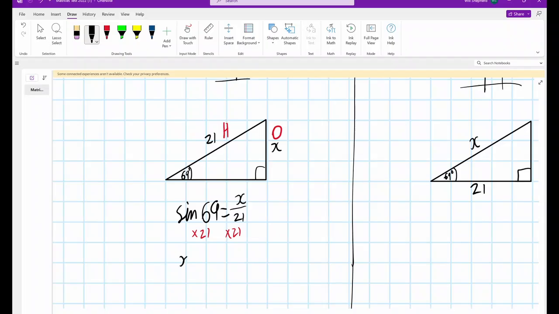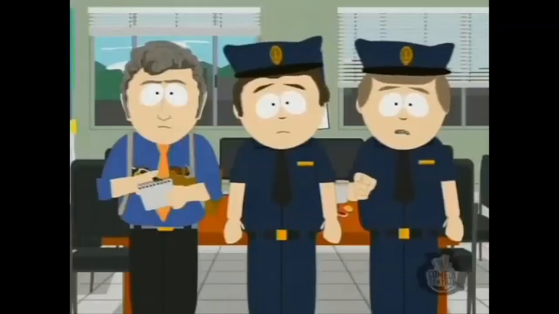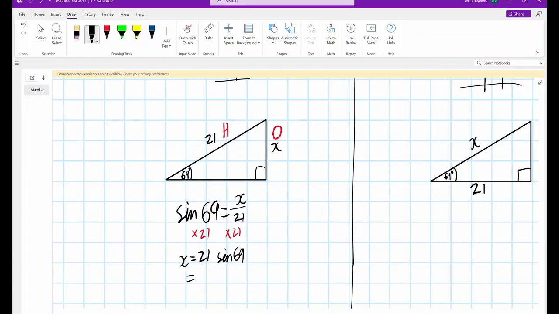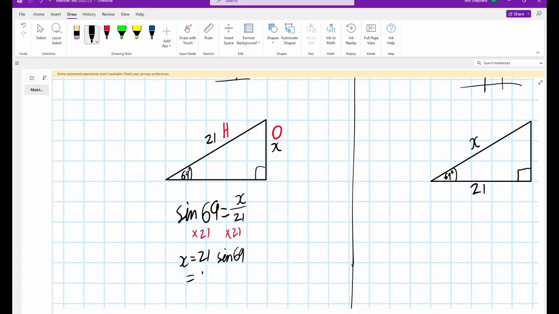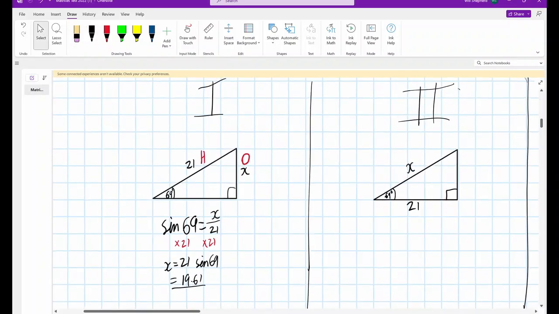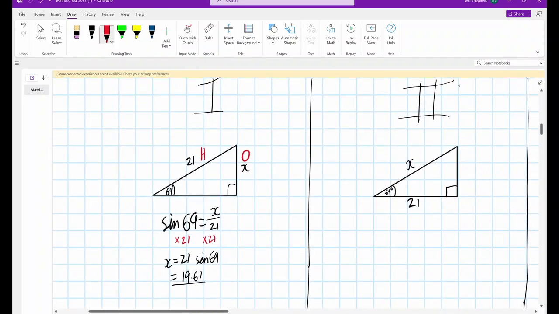So then x is going to be equal to 21 sine 69 degrees. And then we would put that in the calculator. 21, or 9 plus 10, sine 69 degrees is going to be, to 2 decimal places, 19.61. Right, so that is a type 1 question. We simply multiply by the denominator to get the unknown there.